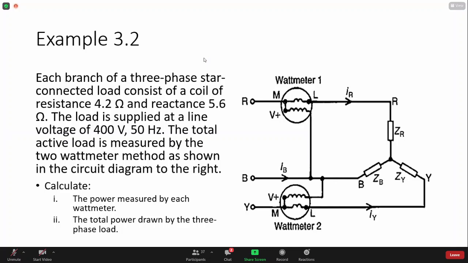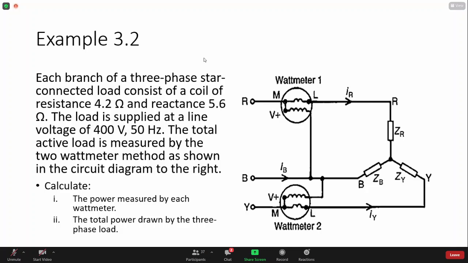Sir, the wattmeters are measuring active power, right? Yes. The load is both reactive and active. So do we consider the reactive as well, or in terms of current do we consider only the resistive part of it, since the wattmeter is measuring the active part?